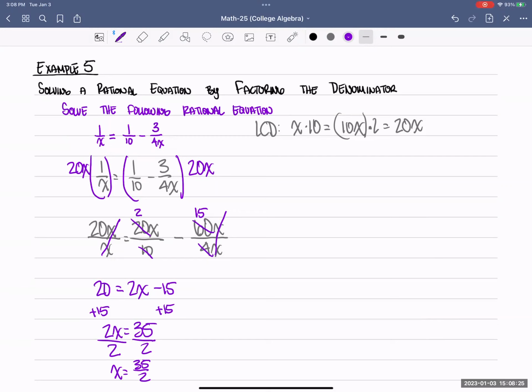And now let's see if it works. One over 35 over 2 is equal to 1 over 10 minus 3 over 4 times 35 over 2.